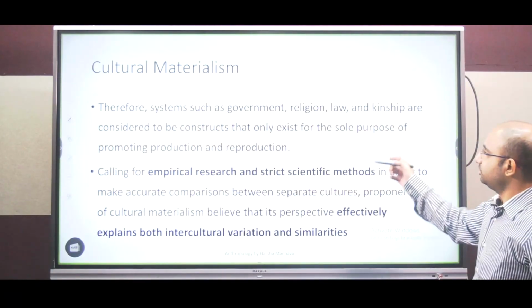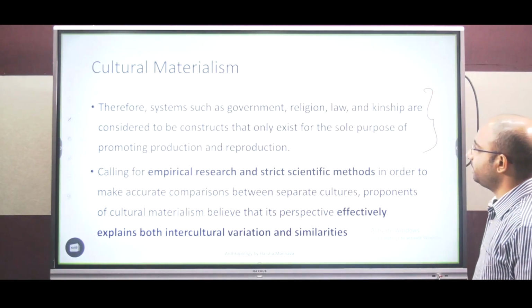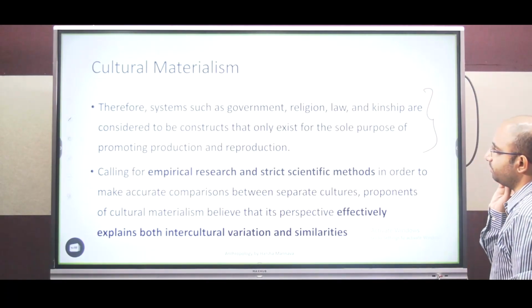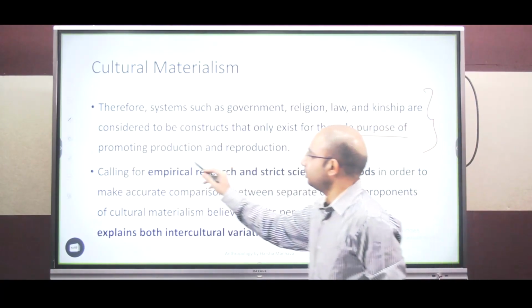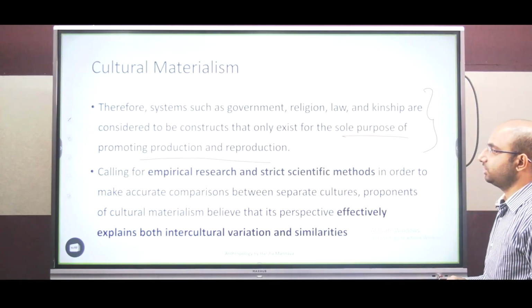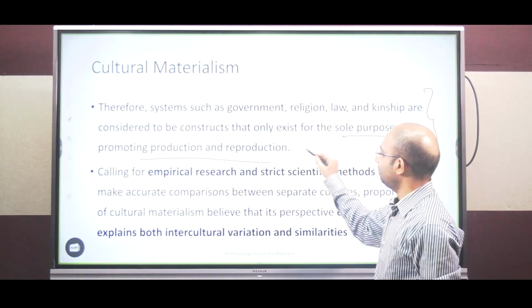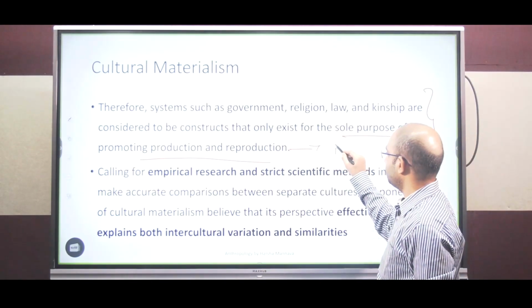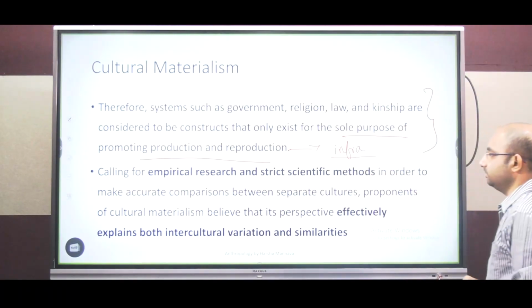In this statement you can understand what he is trying to say: systems such as government, religion, law and kinship are considered constructs that exist for the sole purpose of promoting production and reproduction. Production and reproduction, according to him, are the driving forces of society. And where do we have production and reproduction? We have this in the infrastructural level.